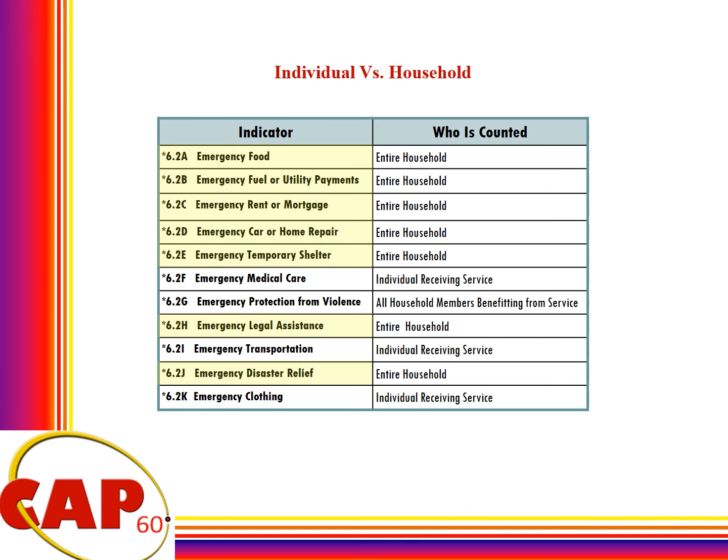Indicators 6.2A, 6.2B, 6.2C, 6.2D, 6.2E, 6.2H, and 6.2J all require you to report for the entire household.